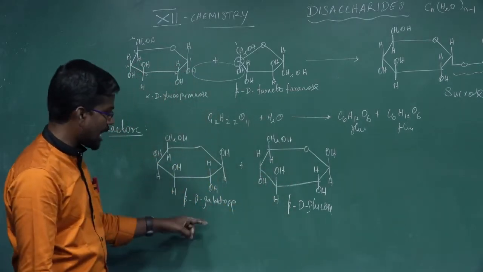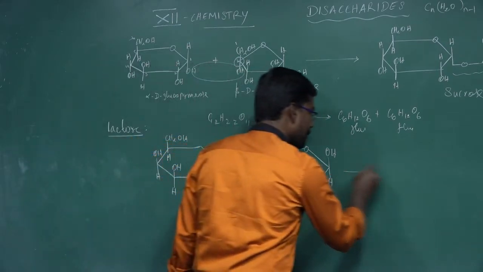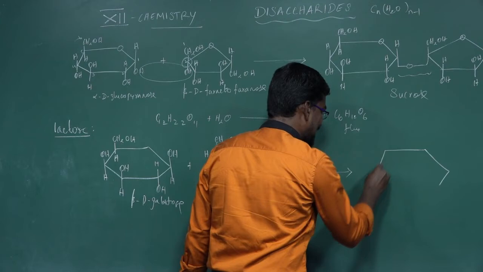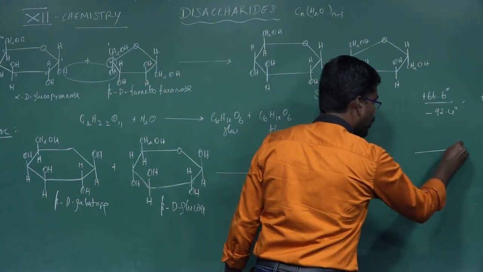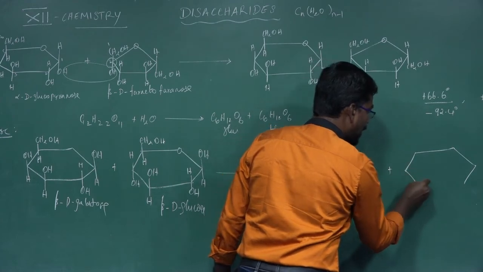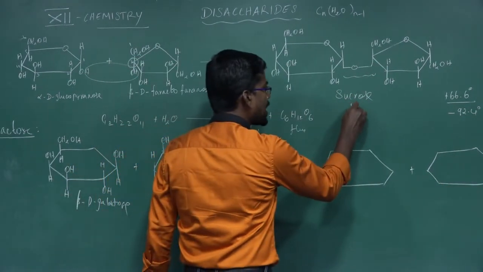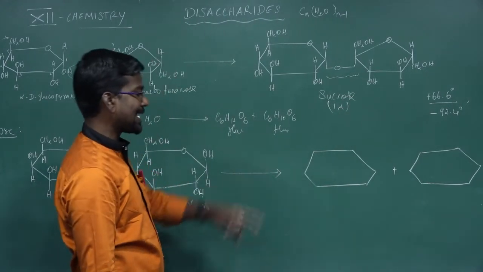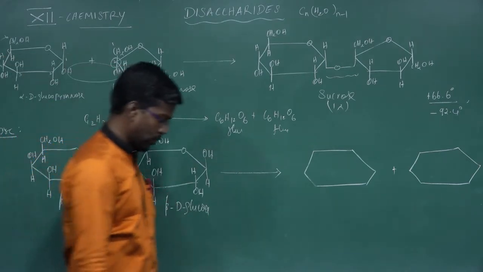So beta D galactose can be combined with beta D glucose to form a 1,4 glycosidic linkage. Sucrose has a 1,2 glycosidic linkage, but galactose combined with the glucose of lactose gives 1,4.